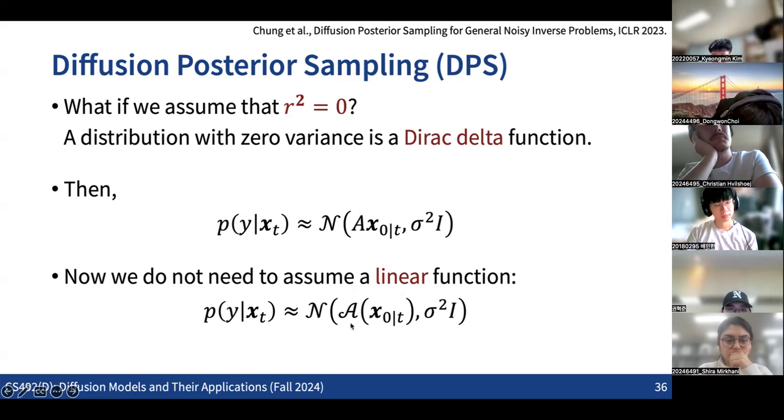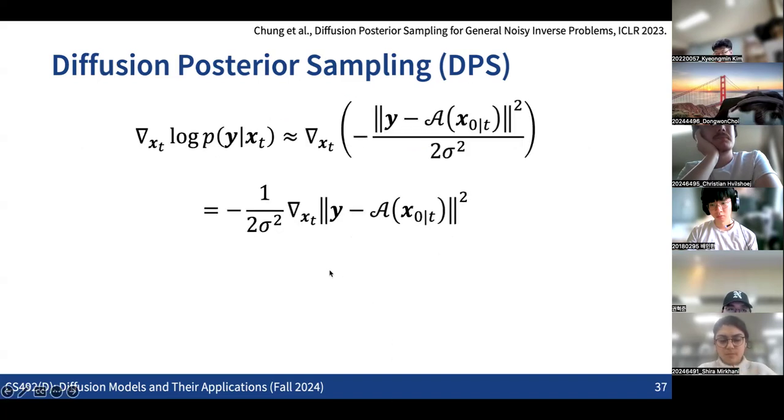So let's think about any arbitrary function A. It doesn't even need to be a linear function. Then we are also going to see this specific conditional distribution, right? And from this, if we compute the score function, it will have this form.